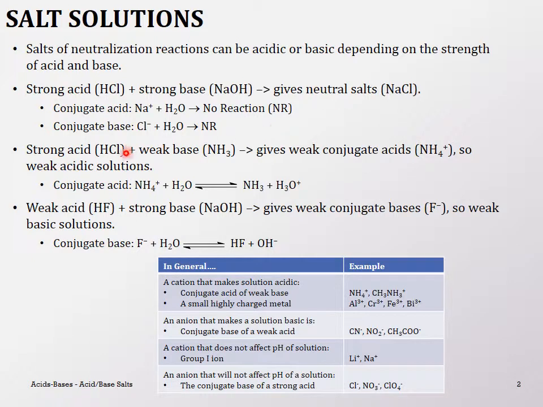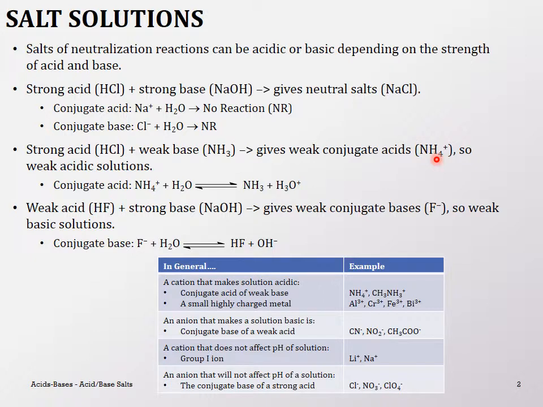When you have a strong acid and a weak base, you will get a weak conjugate acid as a solution. What does that mean? HCl is giving you the hydronium ion, which is then reacting with the base. The base is taking the proton. If you have a weak base, it will give you a stronger conjugate acid.